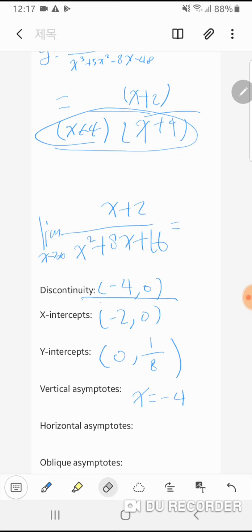More specifically, we can divide the numerator and the denominator by x.